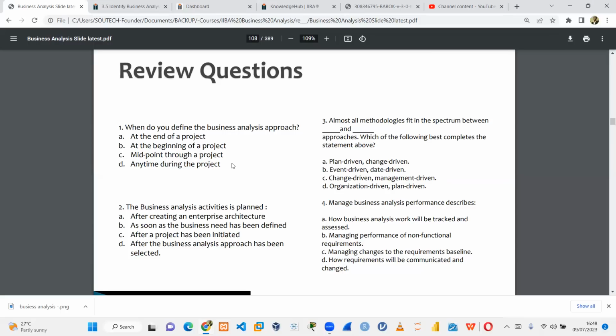Yeah, D. Now, it's not B, because you cannot just say, because I have a need, I start saying I'm going to do A, B, C, D. No, you have to first define the approach. It's like when you are to do a job for somebody, a professional will always say, how do you want us to deliver this? So that is the approach. He says, I'm going to collect $1,000. I'm going to start the job on such a day.